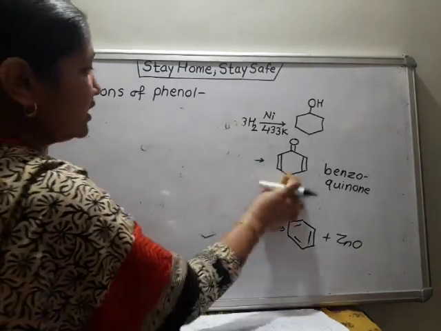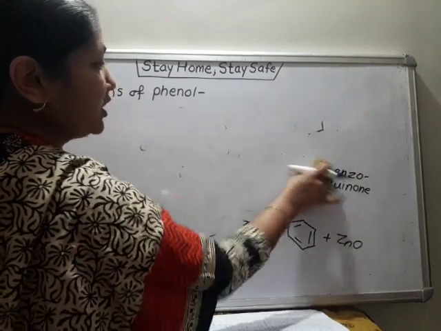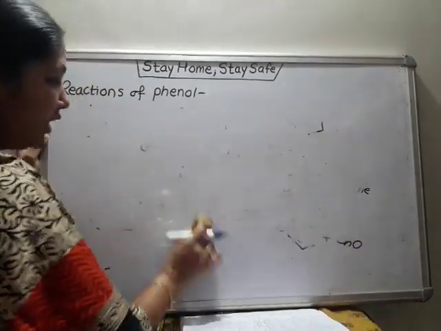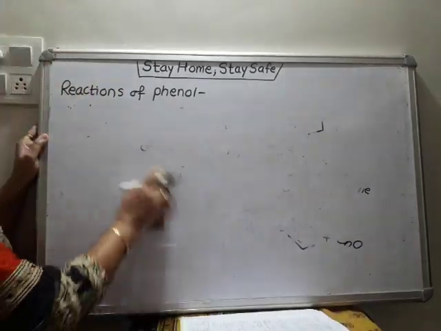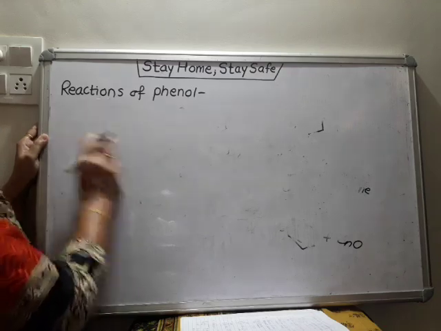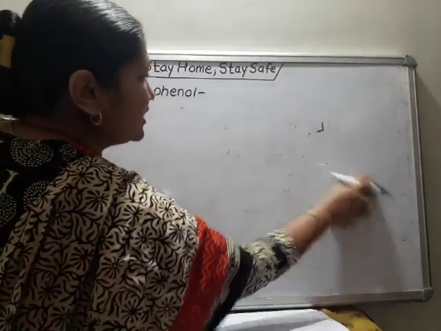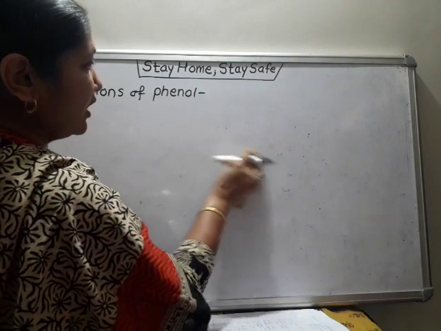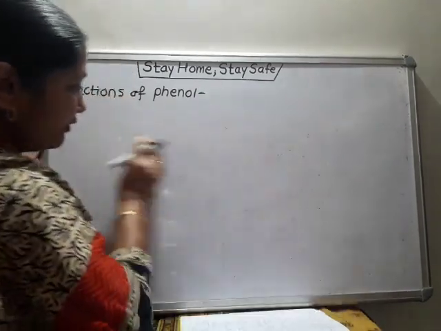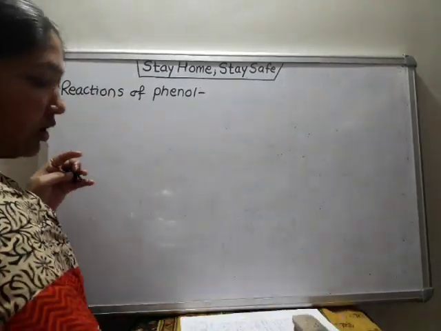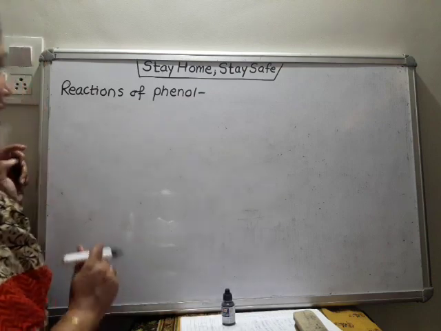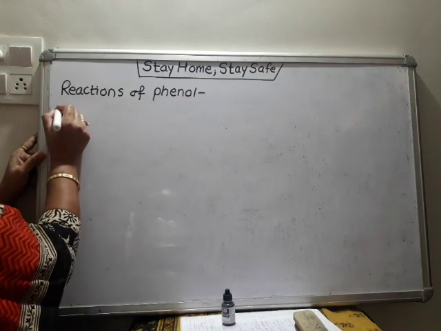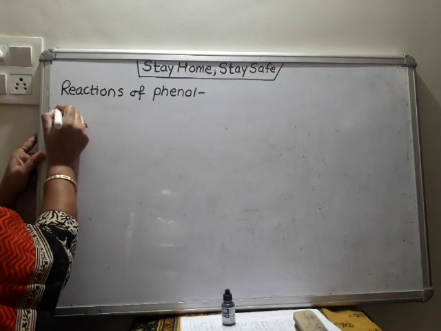See, we will discuss these two reactions now, and these two are named reactions. Always there is question on these named reactions. Write chemical equation for Riemer-Tiemann reaction or Kolbe's reaction. So we will discuss next reaction.